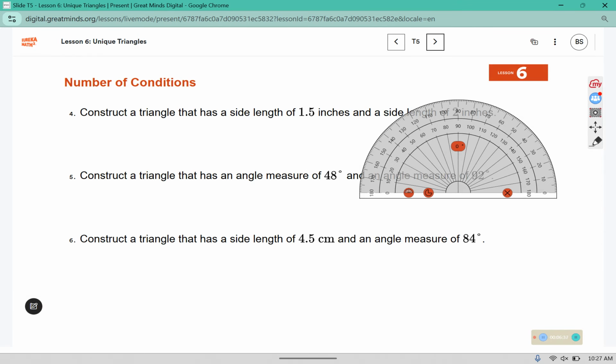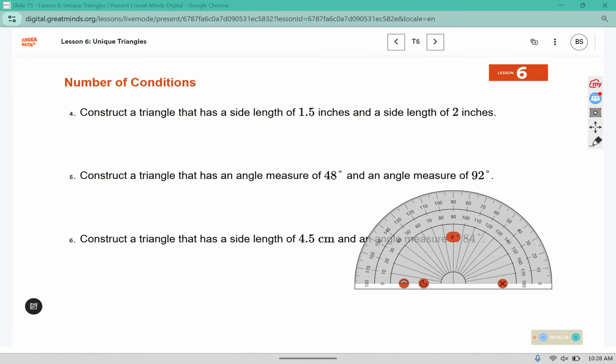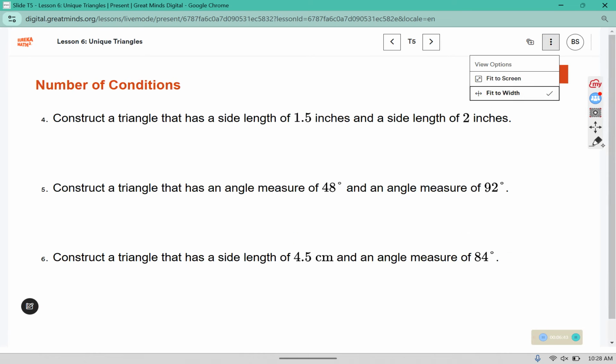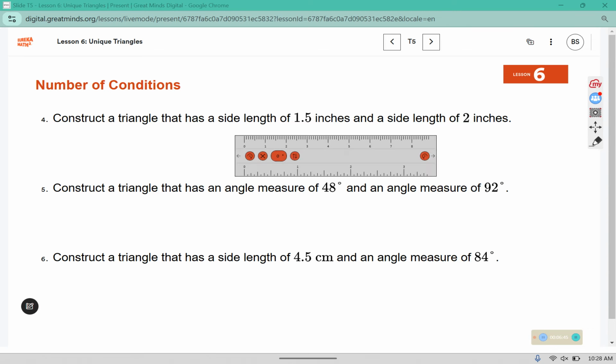Construct a triangle that has a side length of 1.5 inches and a side length of 2 inches. So using the inch side of my ruler, I need a side length that is 1.5.